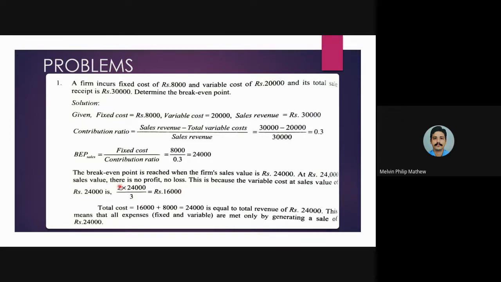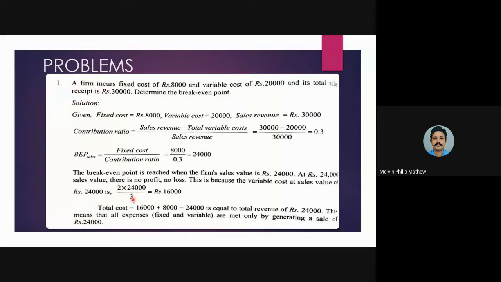So it is nothing but the ratio of how much cost is incurred. We are getting a sales of rupees 30,000 while we are getting a variable cost of 20,000. So if we take a ratio of the variable cost to sales revenue, we get 2 by 3.